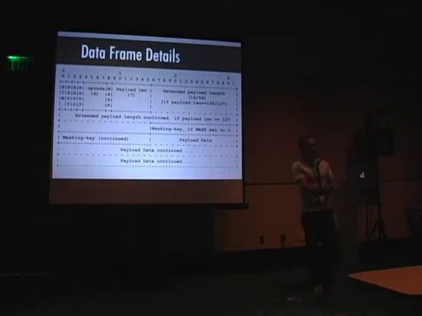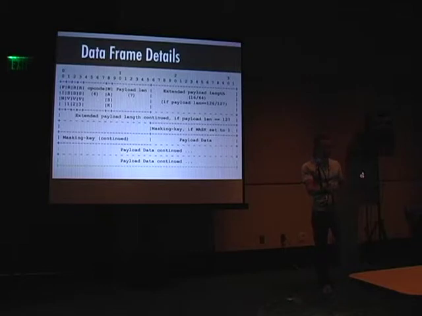And here is basically the data frame. I won't go into details, but there are a few interesting fields like the mask bit, and then if the mask bit is set, there will be a mask. We'll talk about it later.